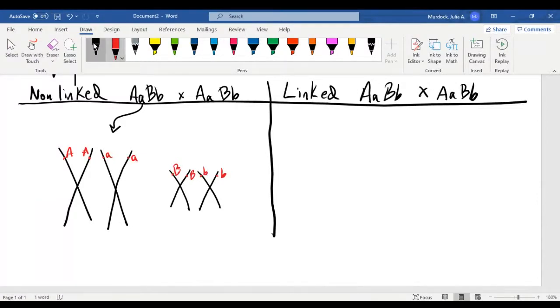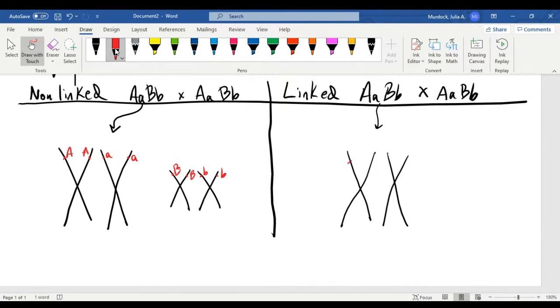Whereas over here, these are the chromosomes for one person that's about to undergo meiosis and make their gametes. Those A and B alleles are stuck on the same chromosome.